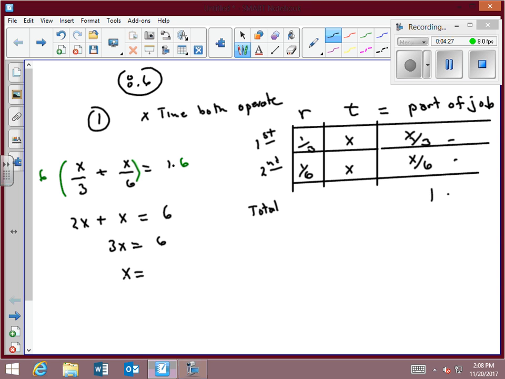X equals 2. And that's 2 hours to fill the fountain when both sprinklers are operating.